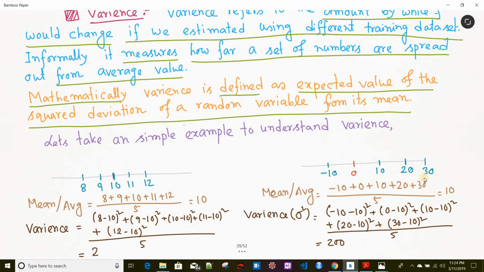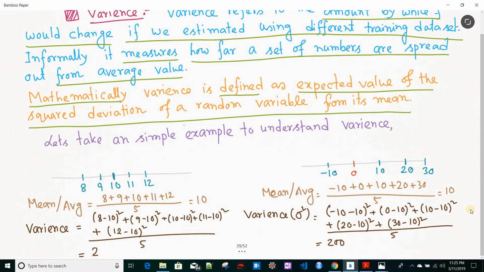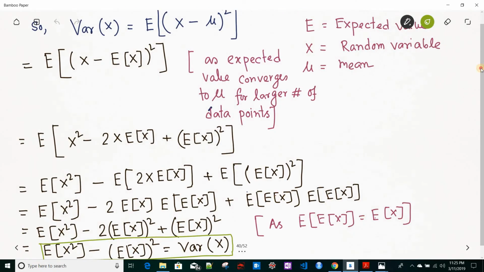That is what variance is telling us about: how the values are spread from the mean value. If we think about these two data sets as two different training data sets, a higher variance means our output function is too sensitive to the data. Now let's do some more analysis on the variance mathematically.